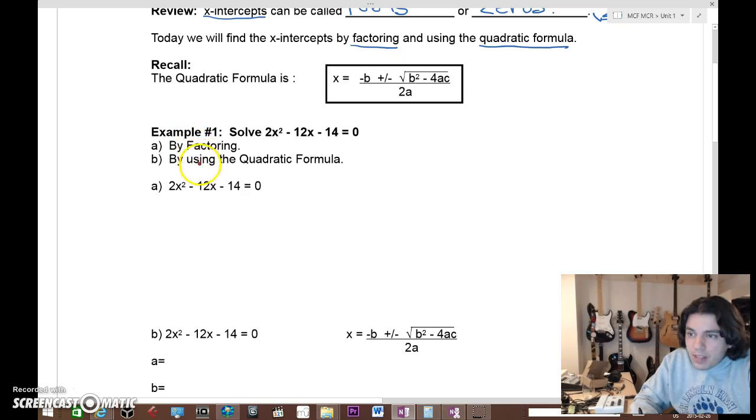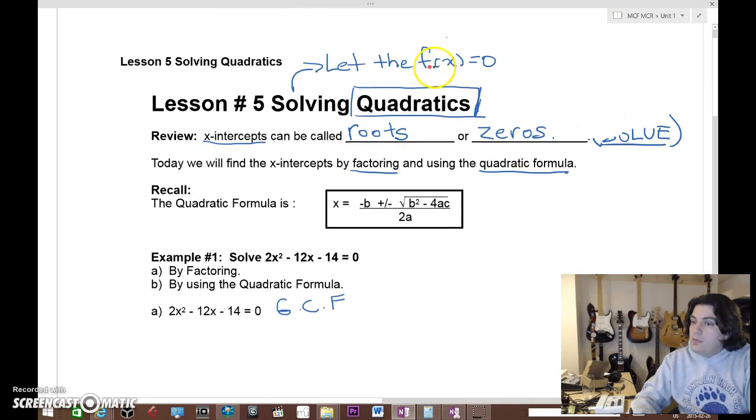So anyway, the first example is to solve by factoring. If you remember, when we factor a function, the first thing we always look for is a greatest common factor. So we'll look at this equation. Remember, to solve for the x-intercepts, we have to make sure the function equals 0.